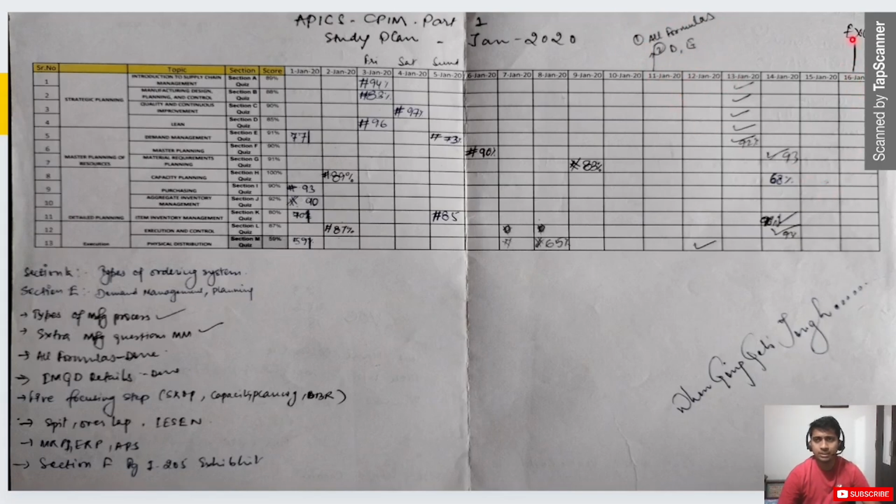And I see this is 16 January, the exam date. For the 15th I didn't keep anything. I just wanted to go into the exam with a fresh mind. And in the last 2 days, if you see 13 and 14, I have given all the quizzes. So I was just keeping a note so that I don't miss any chapter for giving quizzes, or I may assume that I'm good in certain chapters, because the syllabus is huge and certain syllabus overlaps as well. You may think you are going good somewhere.